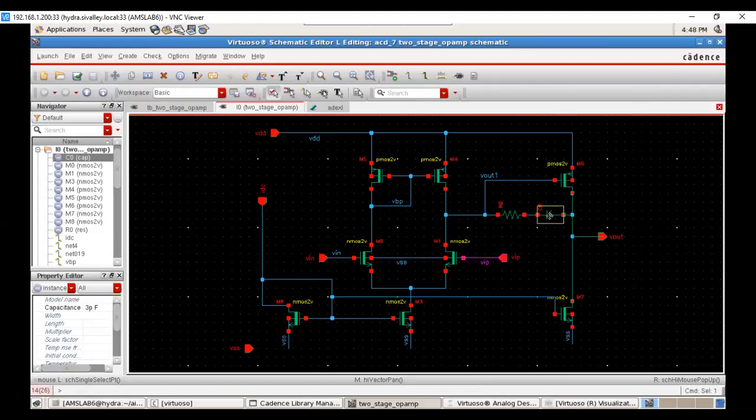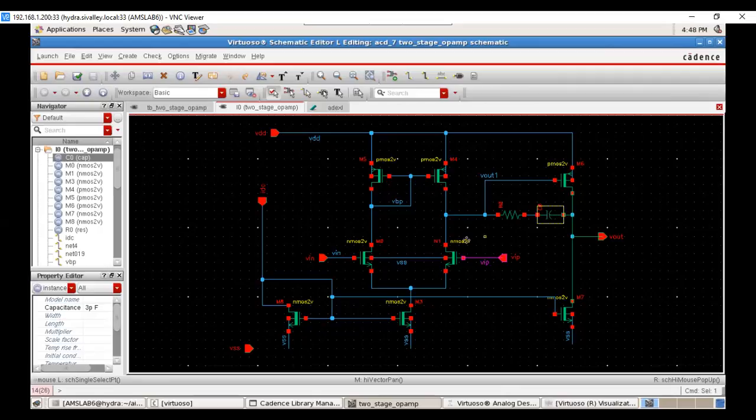Okay. So we came to know that introducing the compensation capacitor gives me an extra zero, which is causing a stability issue. Essentially, it is introducing a zero in my frequency response, which is violating the required phase margin. So how can I fix that?